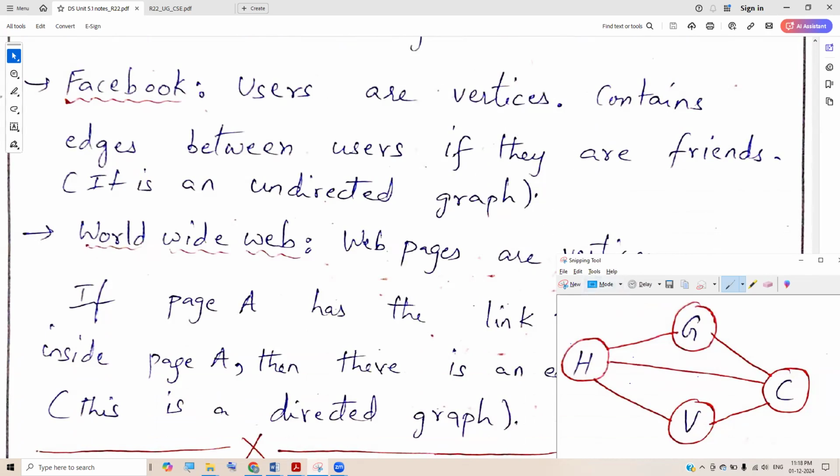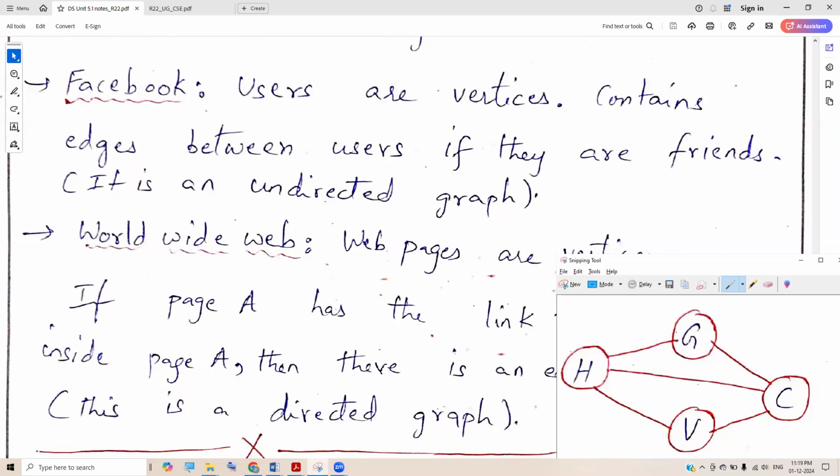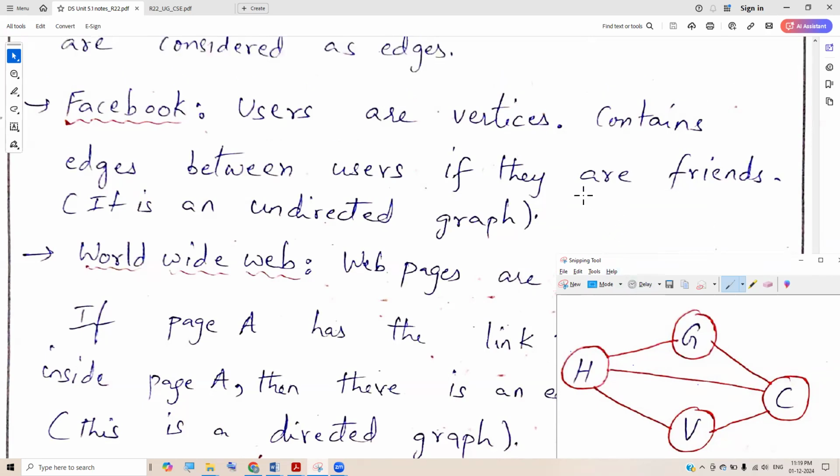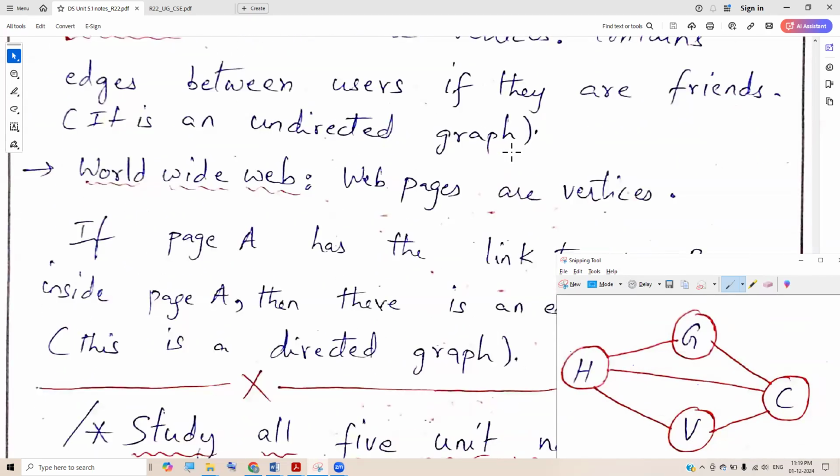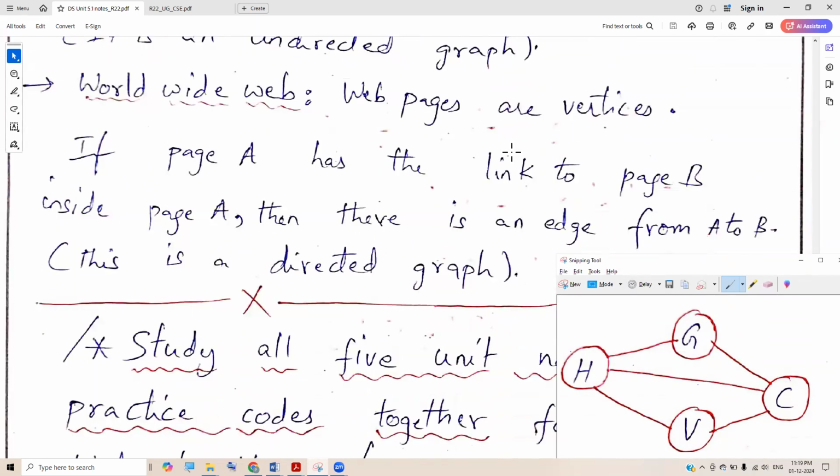The example of Facebook is known as an undirected graph, because whenever we say two people are friends, if you say A is a friend of B, then it also means that B is a friend of A. And we also have another category, that is the directed graph.